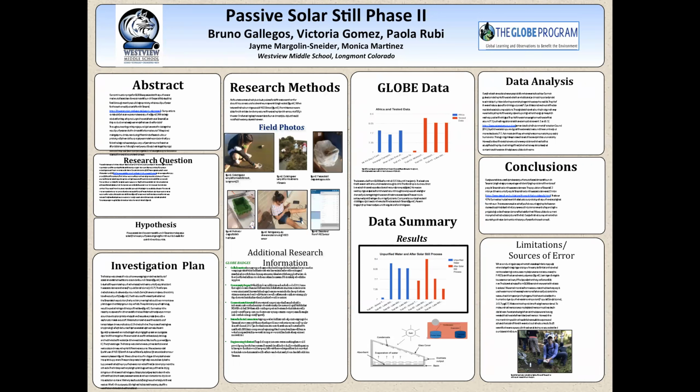They were also inspired because their teacher had gone on a GLOBE expedition to Kilimanjaro and came back with data that she had taken there, which really inspired them to look at some GLOBE data from someplace around the world, that G of GLOBE.